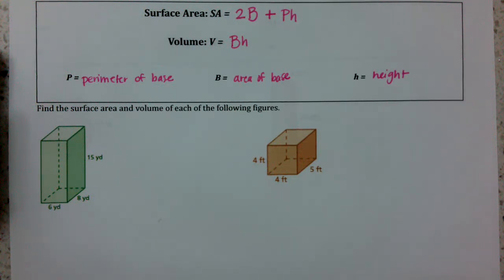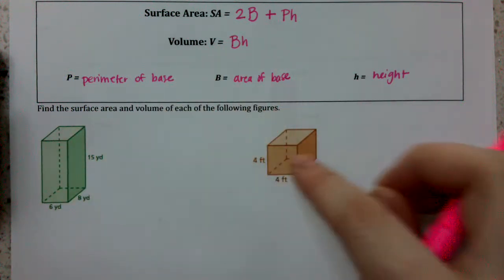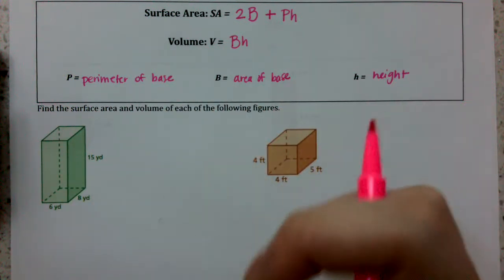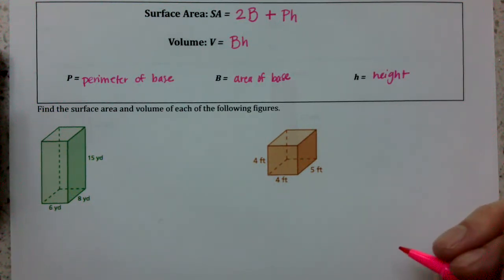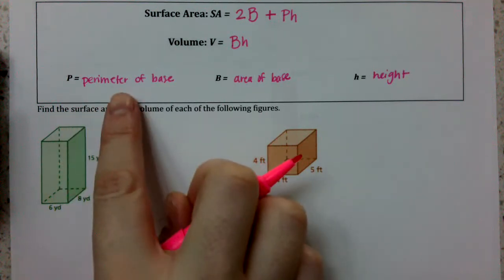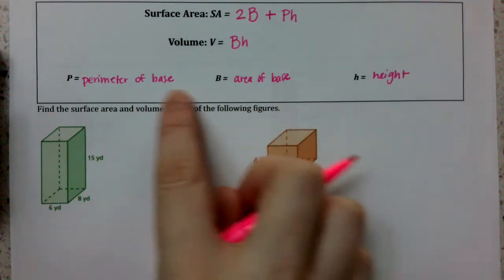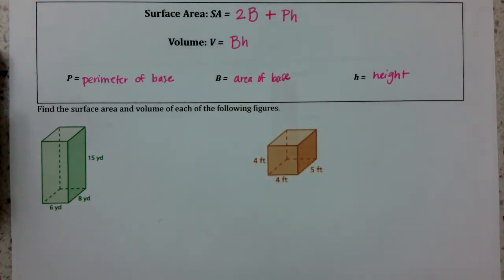We're going to do a few examples, and I'll do an example, then you'll try one of a similar shape. We're going to do a different shape each time. We'll end up doing 3 examples and 3 tries. The first thing I like to do is figure out what all of these parts are: perimeter, base, and height.